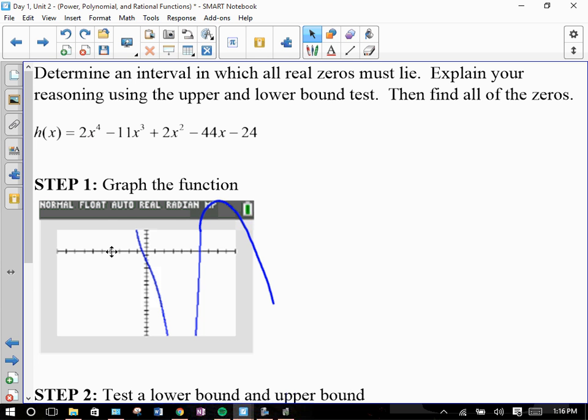How do we know? All the information you need is on this board right now. How do we know it doesn't do that?